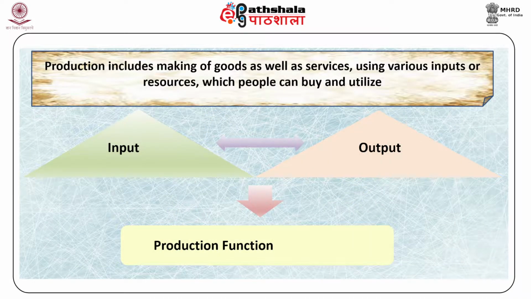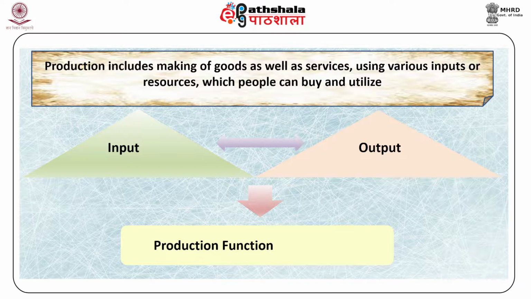Hence, production includes making of goods as well as services, using various inputs or resources which people can buy and utilize. In this module, we will discuss production by business units which use inputs to produce goods that are sold in the market. For this, we need to know the relation between the inputs used and output produced.